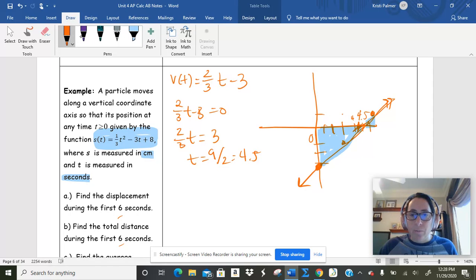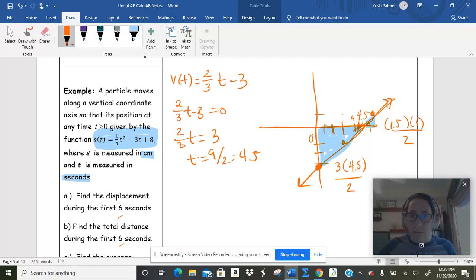So this area would be 3 times 4.5 divided by 2. And this area would be 6 minus 4.5, which is 1.5, times 1 divided by 2. So let's find those areas.